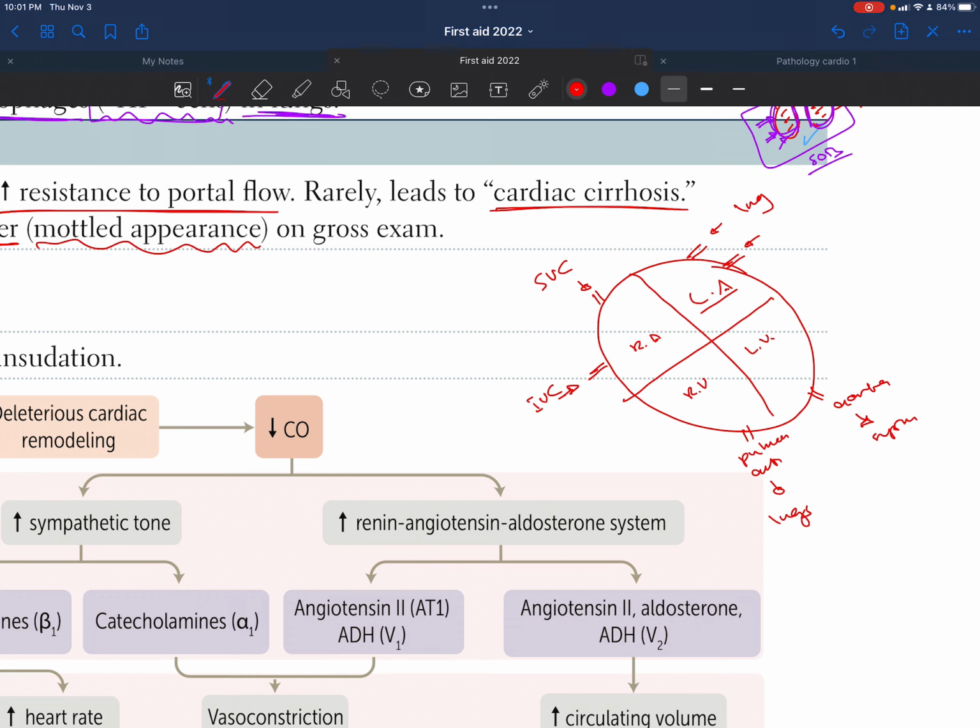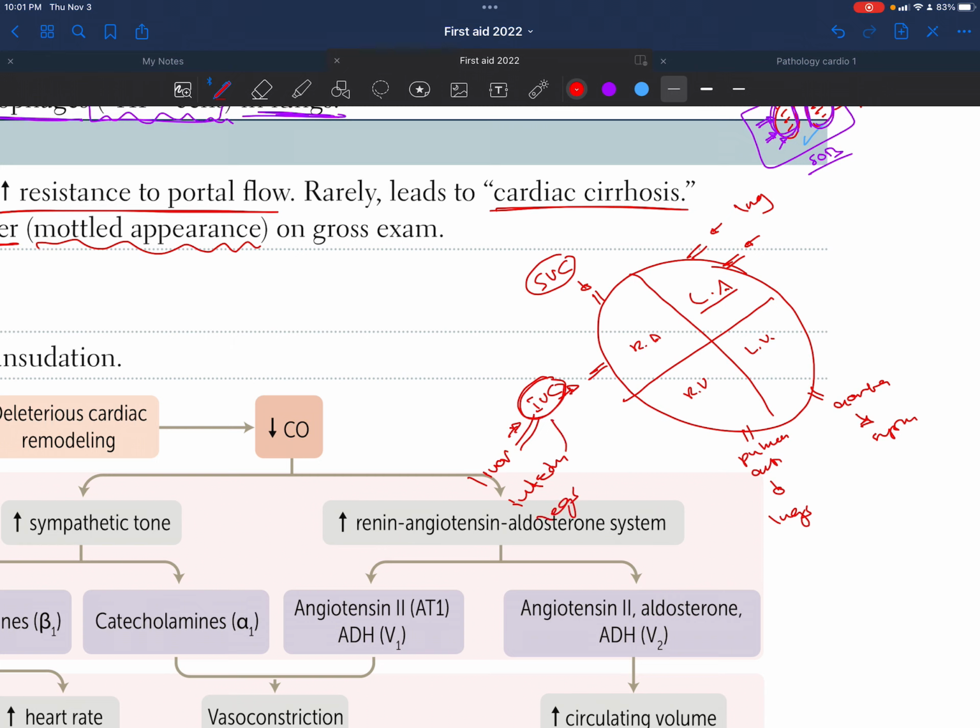Okay, so what is happening is that the inferior vena cava and superior vena cava are taking blood from the upper part of the body and the lower part of the body. The inferior vena cava is taking blood, for example, from the liver, from the intestine, of course, from the legs, everything.